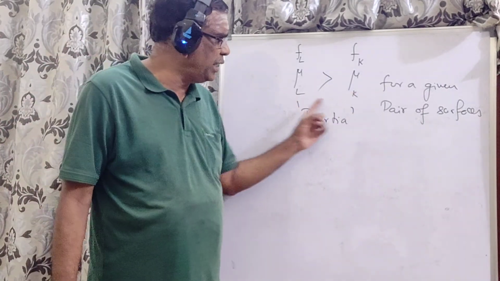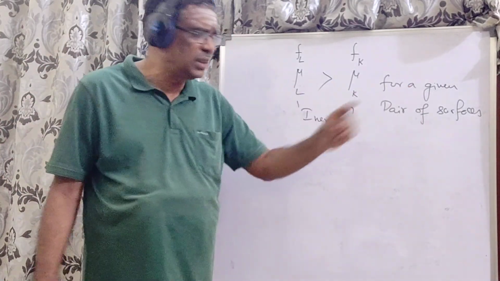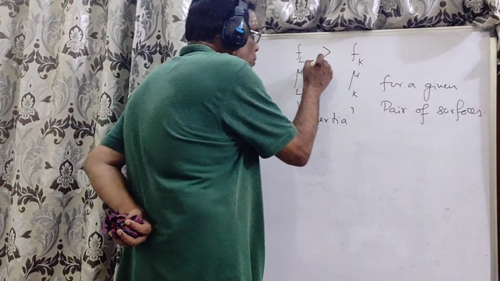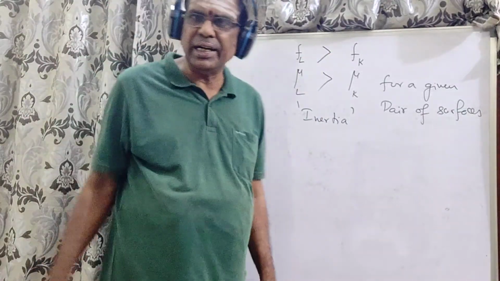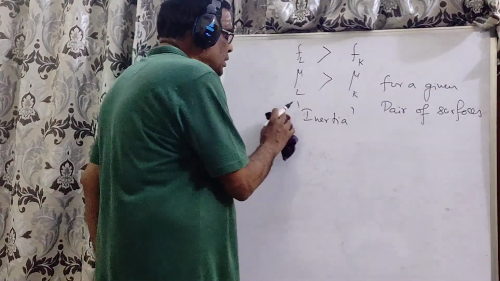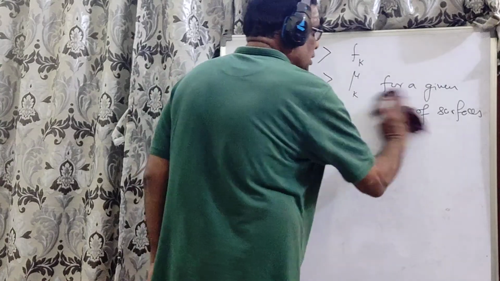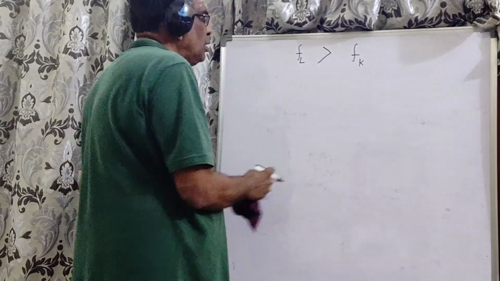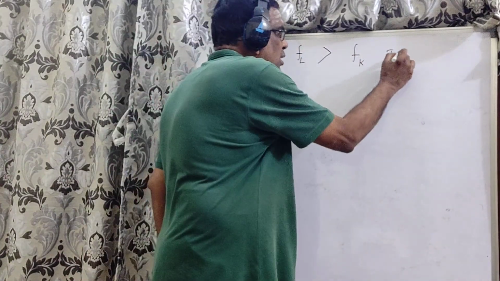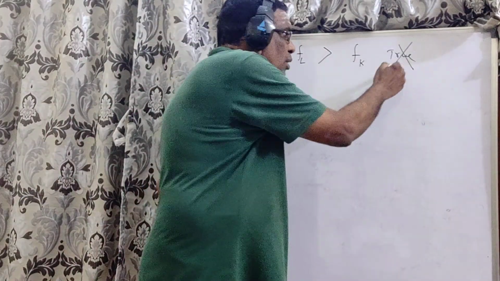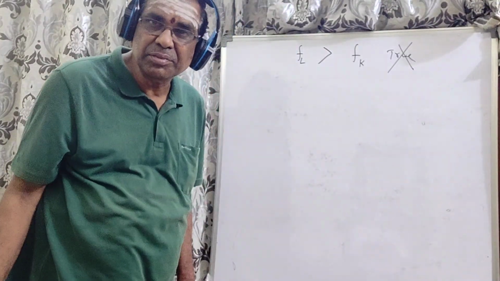So that is very easily for a given pair of surfaces, I will say mu L is greater than mu k. Same thing if somebody asks you, FL is greater than FK. I know the tendency of many a person is to say it is true. That is how people talk. But I would say, not necessary.